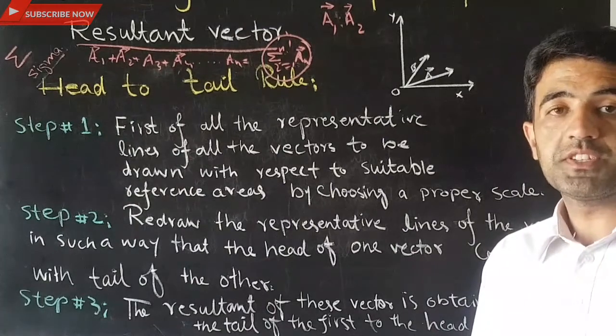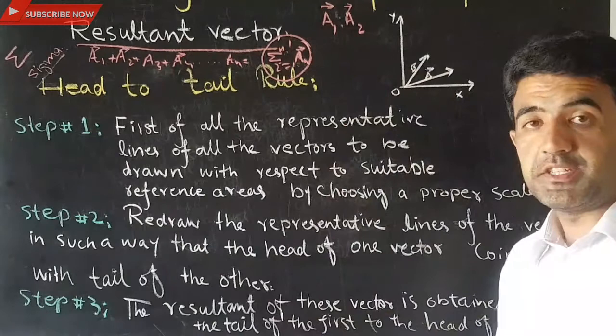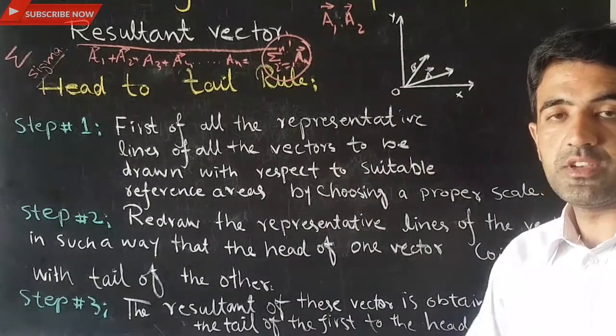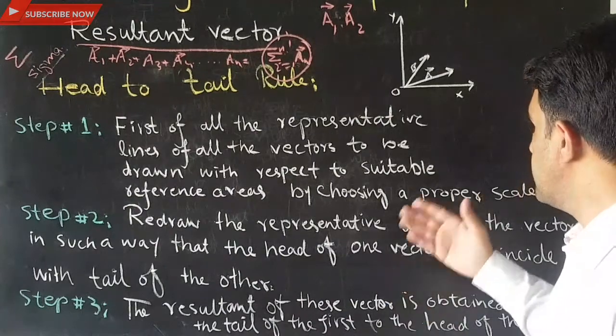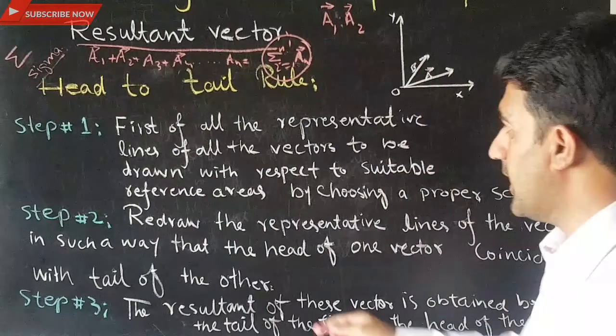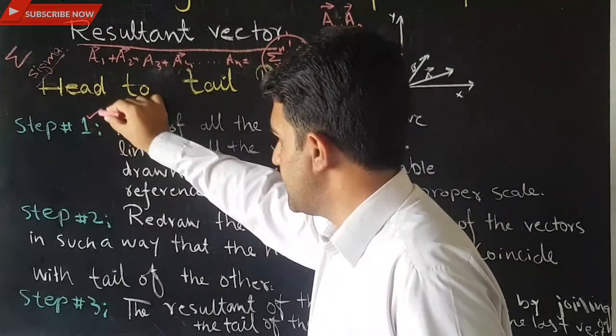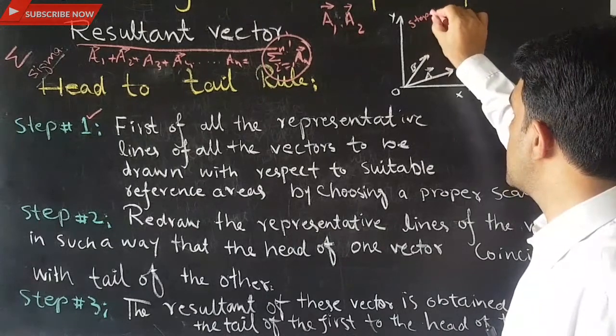The proper scale depends on the person who is going to add the vectors according to the head to tail rule; it is up to that person how he selects the proper scale. So step number one has been completed here, for the representative lines and choosing the scale. This is step number one.